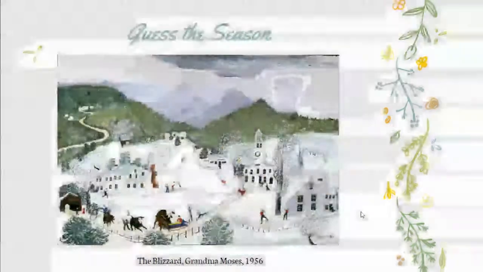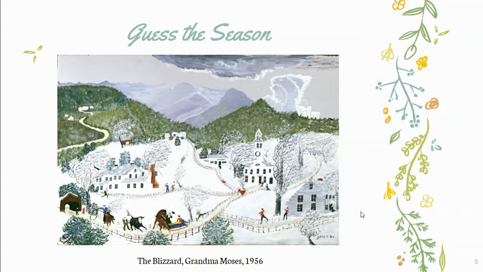Okay, guess the season. Oh, well, this is pretty obvious. We have lots and lots of snow. So probably winter. Let's look at the trees. Definitely no leaves, and it's so icy and snowy.